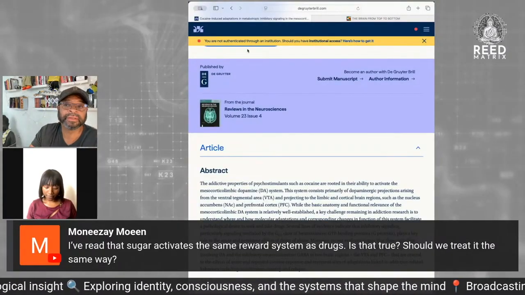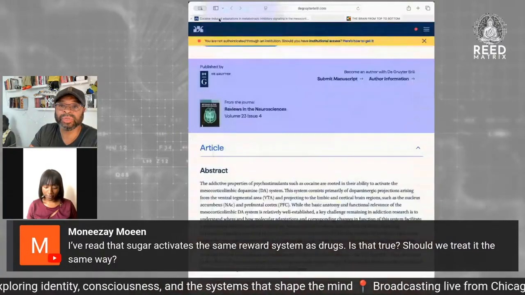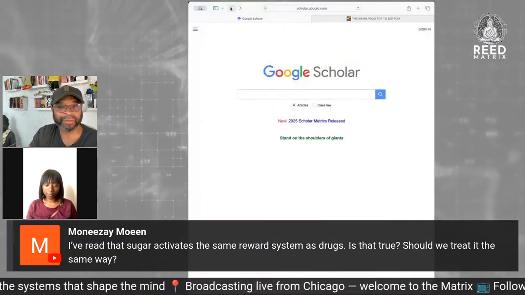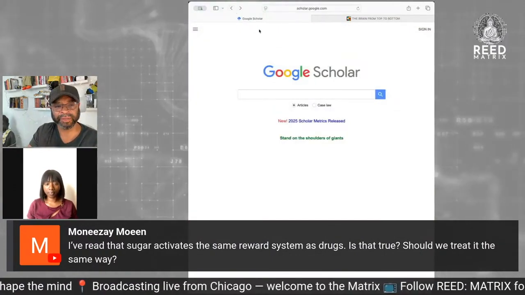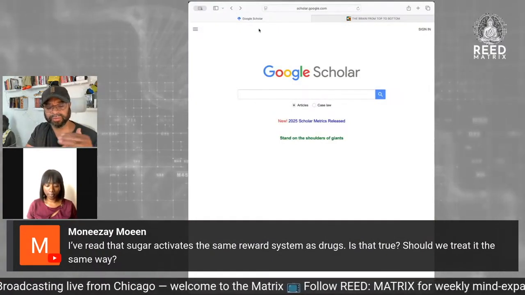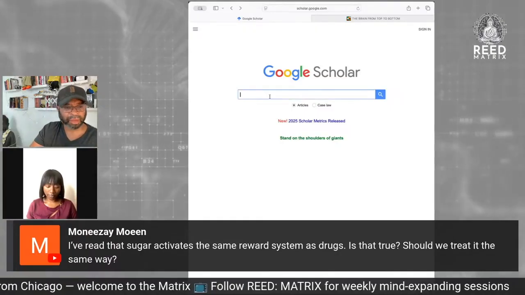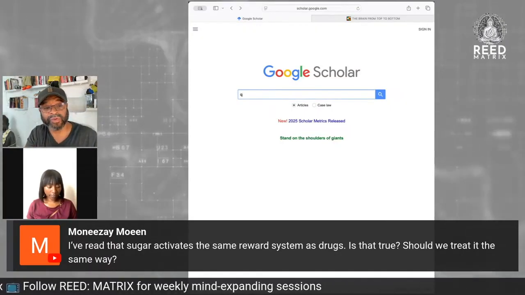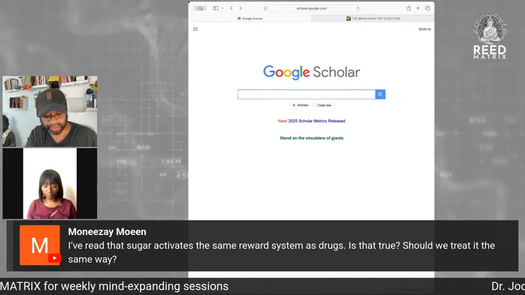It's important to understand that this mesolimbic pathway exists. And if you look at it, you can see the range of receptors, the receptor profile. So let me search for the receptor profile for atypical antipsychotics.